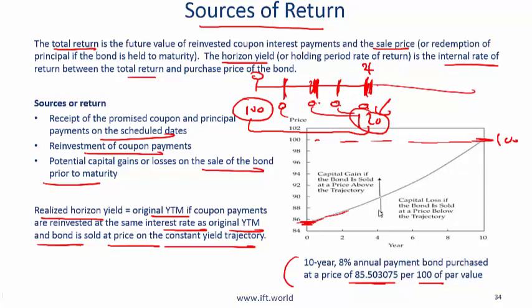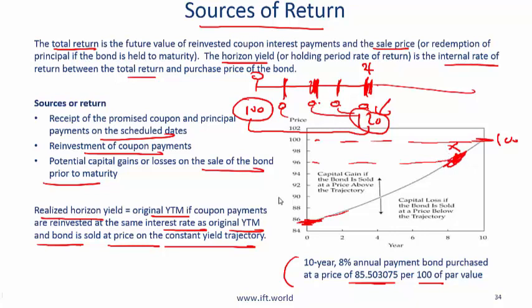And we are saying that if the yields remain constant, and even though you bought the bond for 85 and then say you sell the bond for 86 over here, we do not call that a capital gain. We only have a capital gain if interest rates go down and you sell for something higher than this constant yield trajectory.